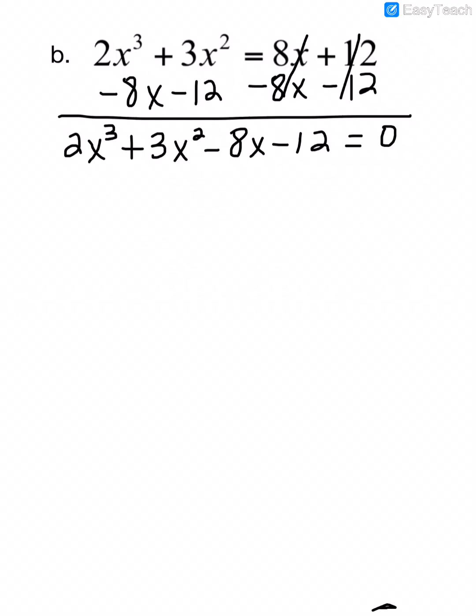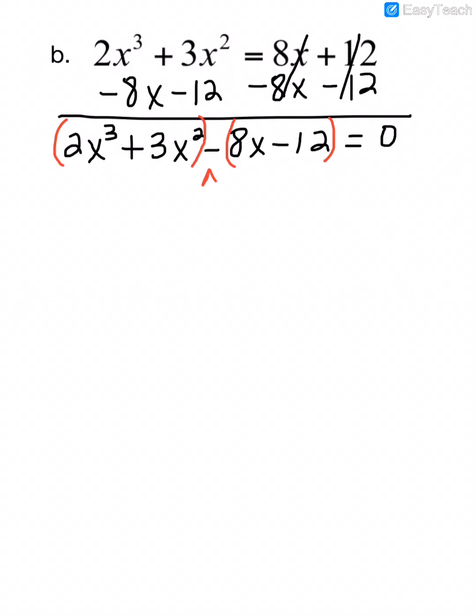Like I said, the first step when we're factoring is to look to see if there's a greatest common factor. Do all 4 terms have a common factor? No, they don't. So we have 4 terms, and the way that we factor 4 terms is by grouping. So I'm going to use the grouping method of factoring, and to do that we group the first 2 terms together and we group the last two terms together.